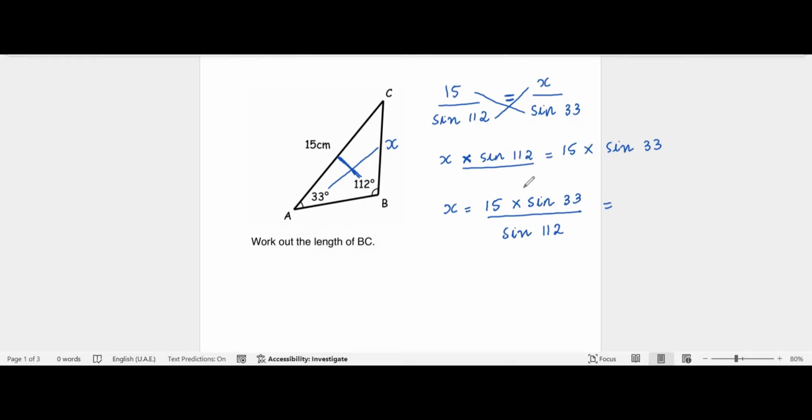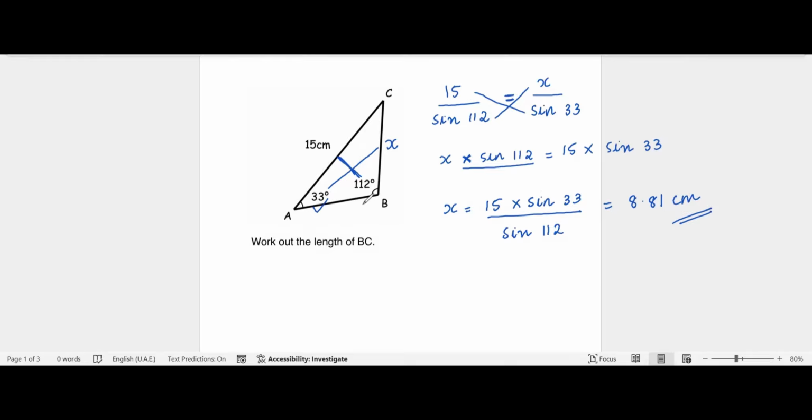We just need to put the right hand side in the calculator. That is 15 times sine 33 divided by sine 112. When you put it in the calculator, you will get the answer as 8.81. Now, the unit here is centimeter, so 8.81 centimeter will be the final answer.